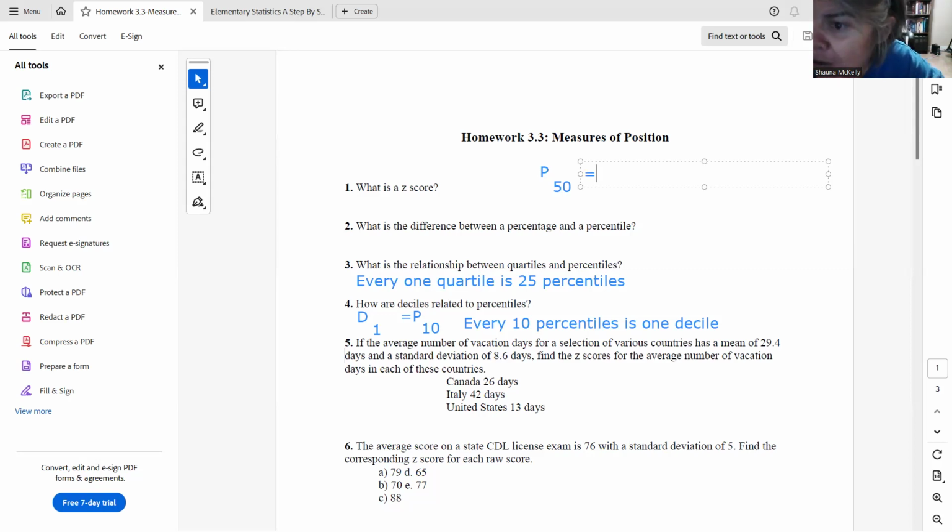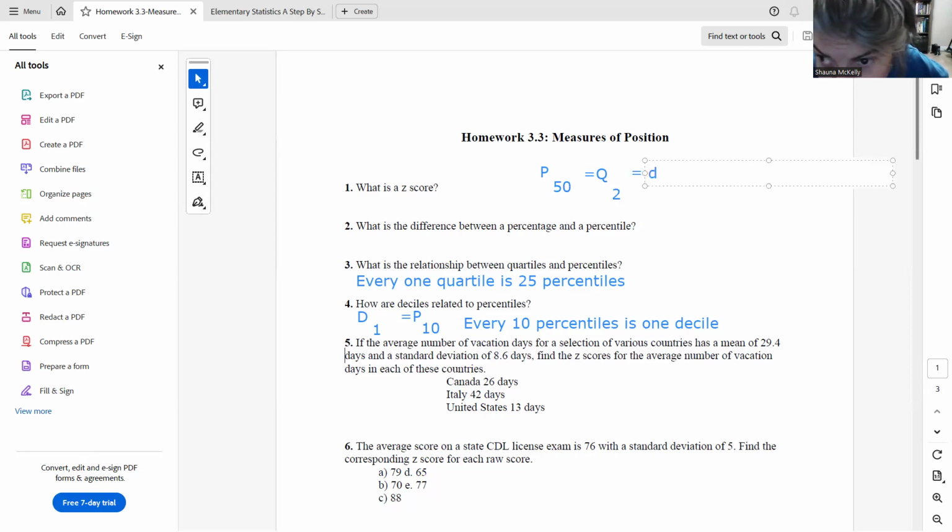Well, if P50 were in the middle of the distribution, so P50 is going to correspond to Q2, which is the median. Okay, so Q2, P50 is Q2. And that's also equal to D5, decile 5.